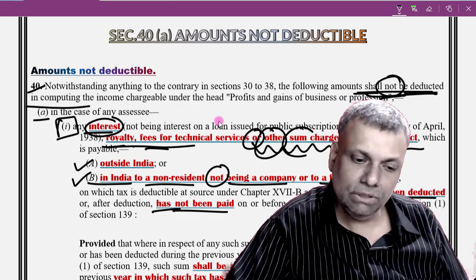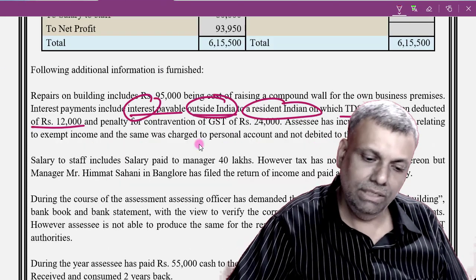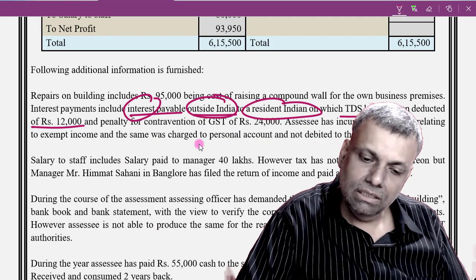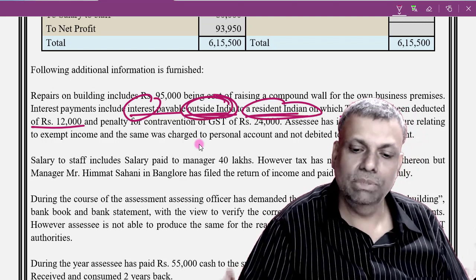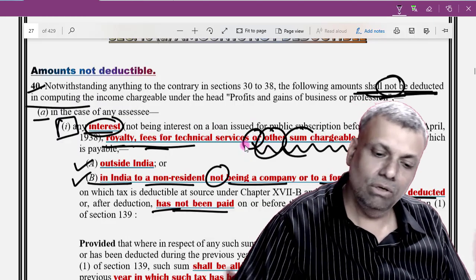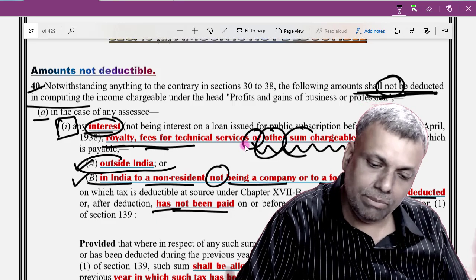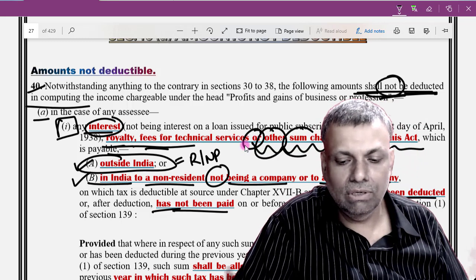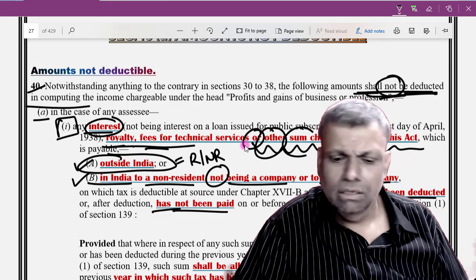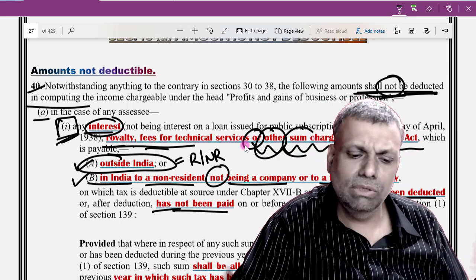Now, if you see the first part of the transaction, listen very carefully. Here you are paying outside India, but you are paying it to a resident person. Looking at this provision, any payment you make outside India, whether to a resident or a non-resident, a company or anybody, sub-clause 1 is applicable.